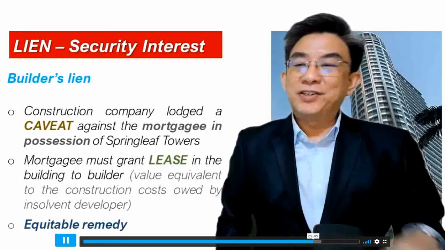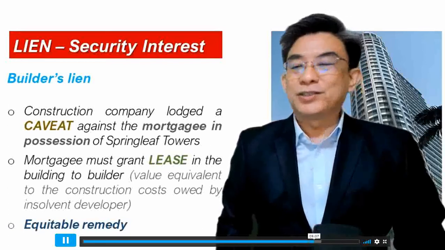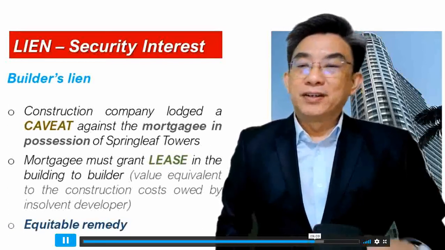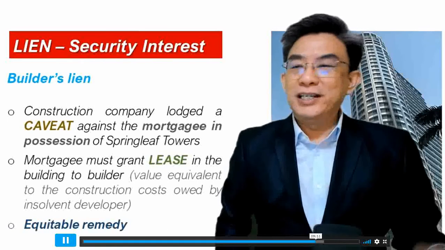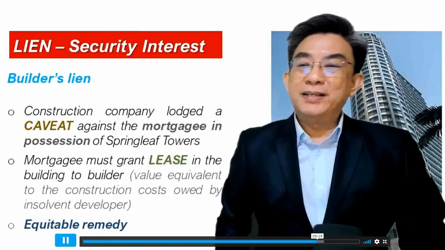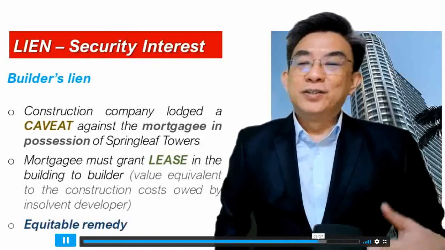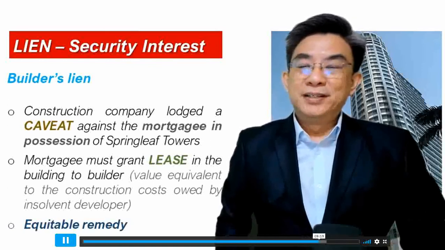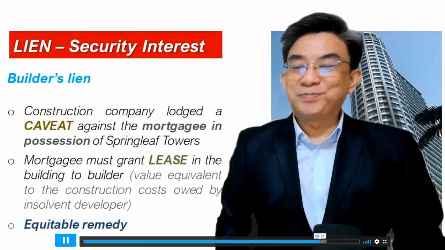This is very interesting for those who are just starting to study this topic. Grant a lease. What is the meaning of grant a lease? This is a 99-year leasehold office space. So granting a lease to the construction company, in effect, is one whole floor.